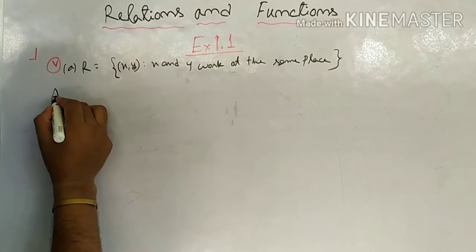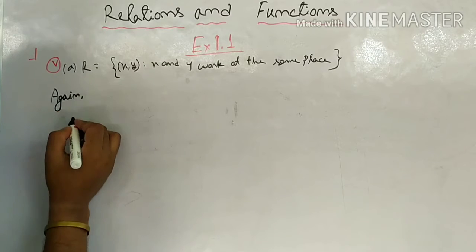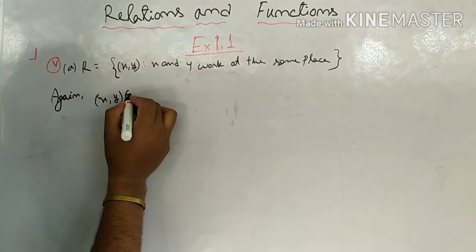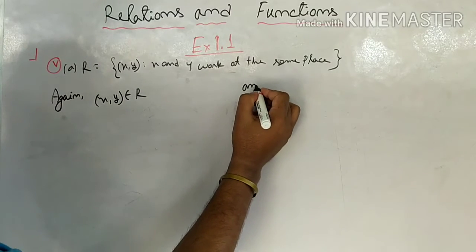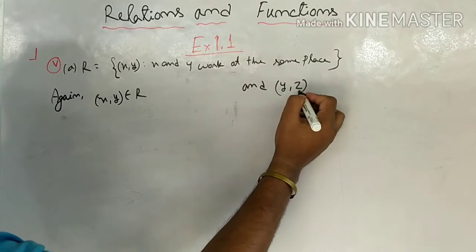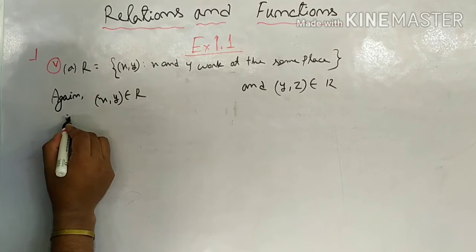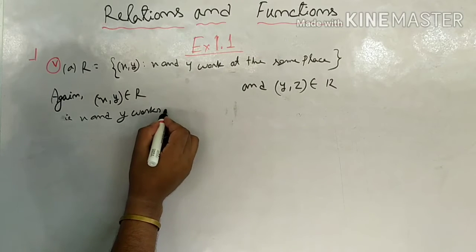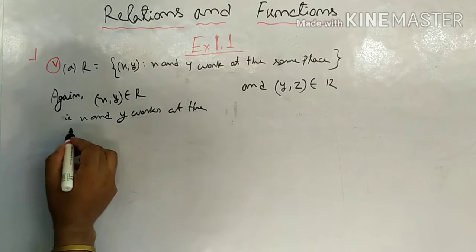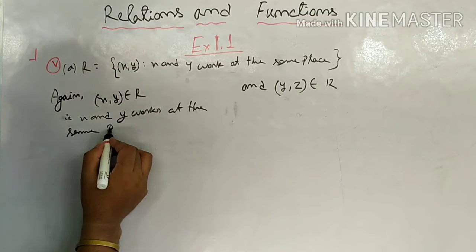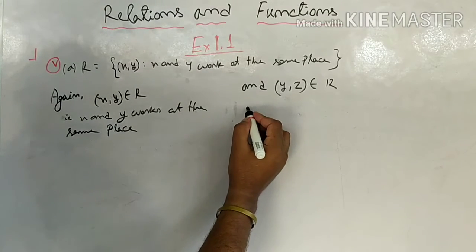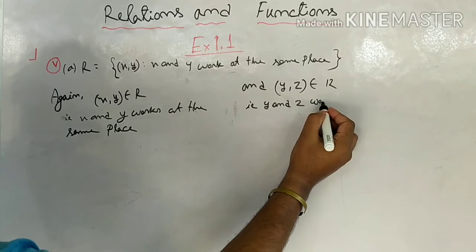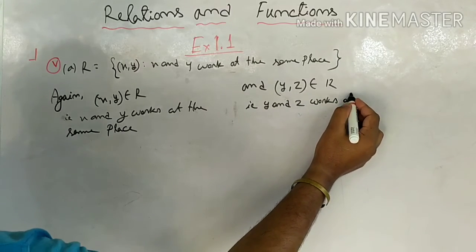Again, (x, y) belongs to R and (y, z) belongs to R. Therefore what? x and y work at the same place, and here y and z work at the same place.